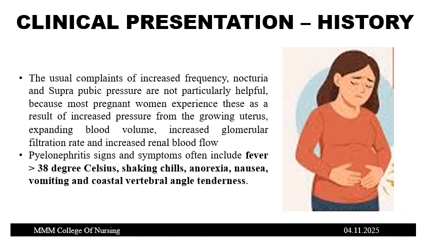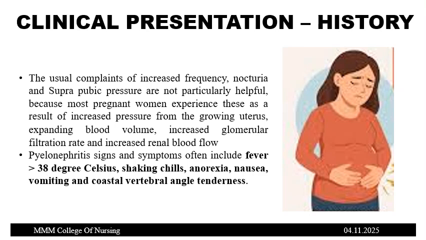What history will the mother give? The usual complaints of increased frequency, nocturia, and suprapubic pressure are not particularly helpful because most pregnant women experience these as a result of increased pressure from the growing uterus, expanding blood volume, increased glomerular filtration rate, and increased renal blood flow. Pyelonephritis signs and symptoms often include fever more than 38 degrees Celsius, shaking chills, anorexia, nausea, vomiting, and costovertebral angle tenderness.